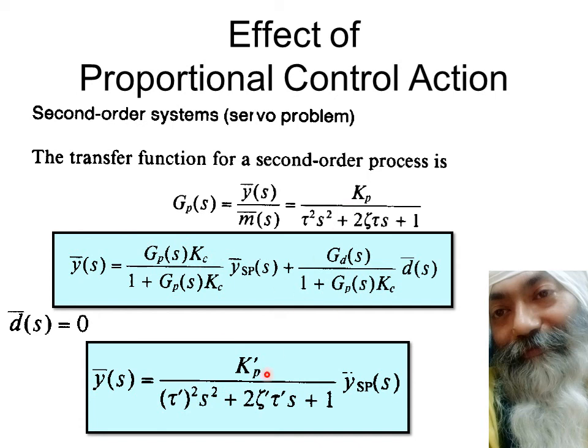The only thing is that this Kp is becoming K dash P, this tau becomes tau dash square, and most importantly this zeta becomes zeta dash. So what are the values of K dash P, tau dash and zeta dash? That we shall be seeing in the next slide.